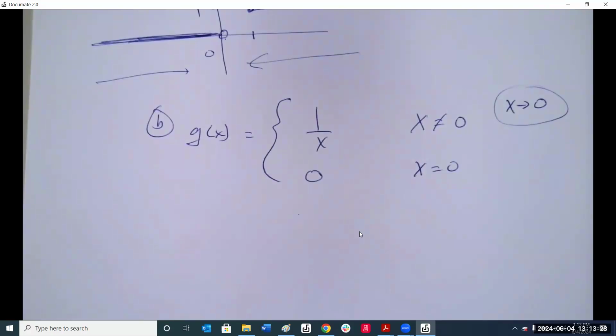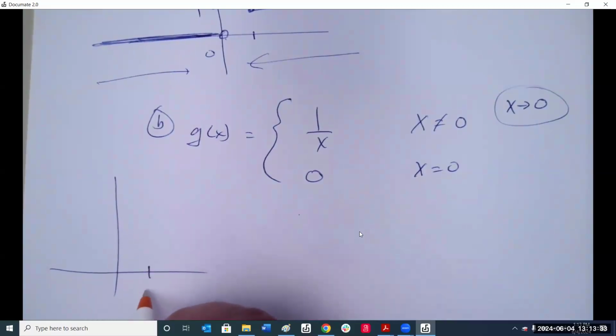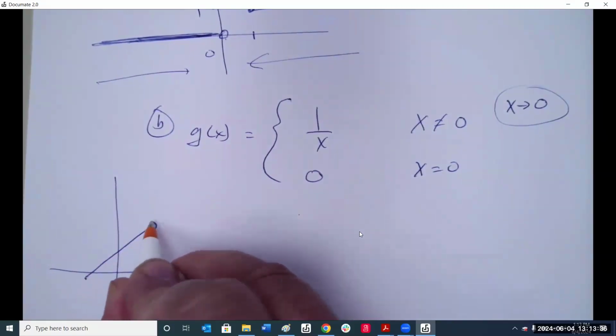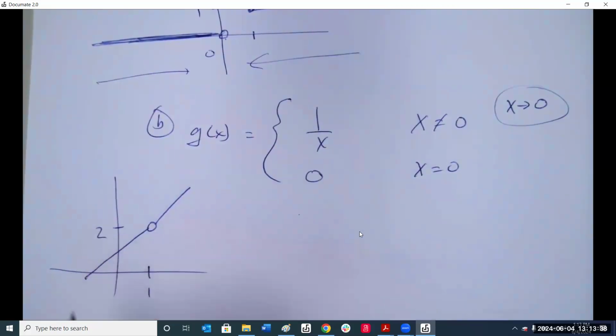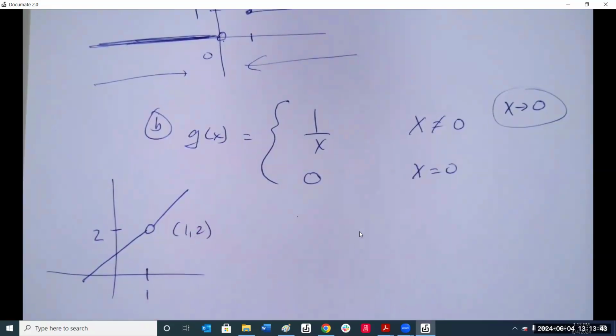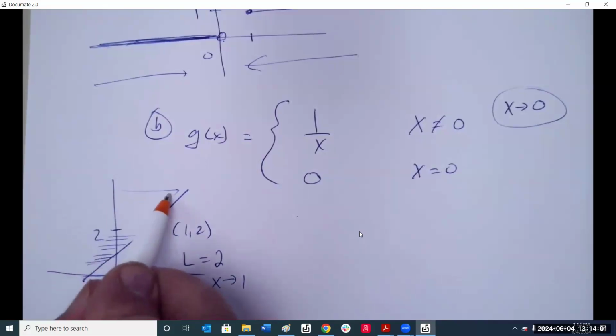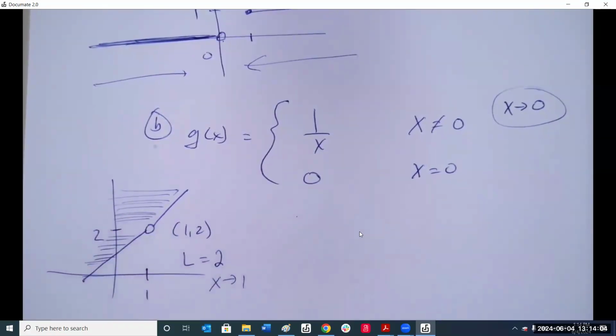It simply has to approach from both sides. In other words, at 1, there is no point 1, 2, because it's all open circle there, but the limit is 2 as x approaches 1. Because as x approaches 1, these values are all getting closer, closer, closer to 2.